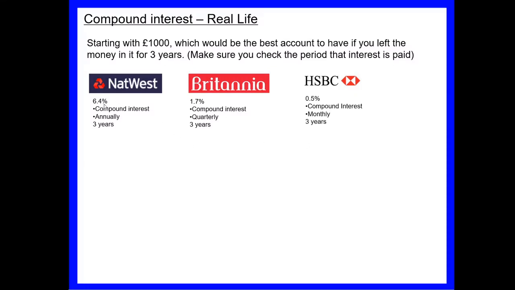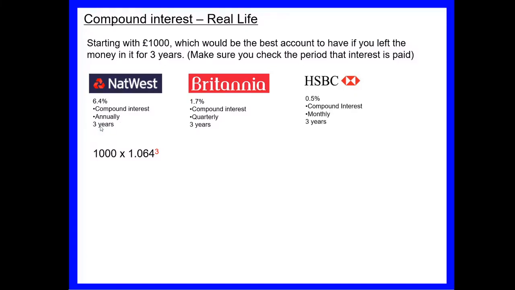So the NatWest, we can see we've got 6.4%. It's compound interest. We're paid annually, so that means we're paid at the end of each year, and we're going to save for 3 years. So we've got our £1,000, our initial amount. Our multiplier this time then, 100 plus 6.4 is 106.4. We turn that into a decimal multiplier, we get 1.064.